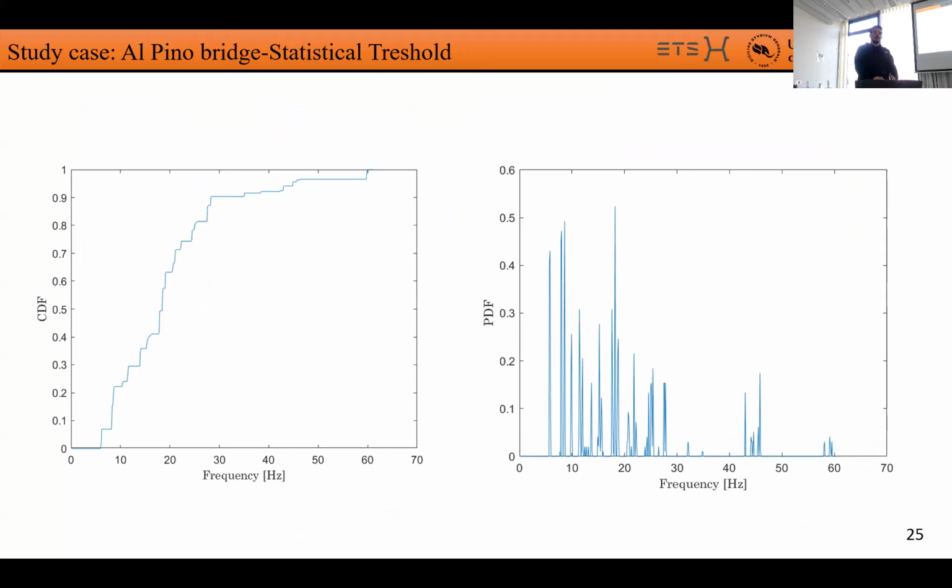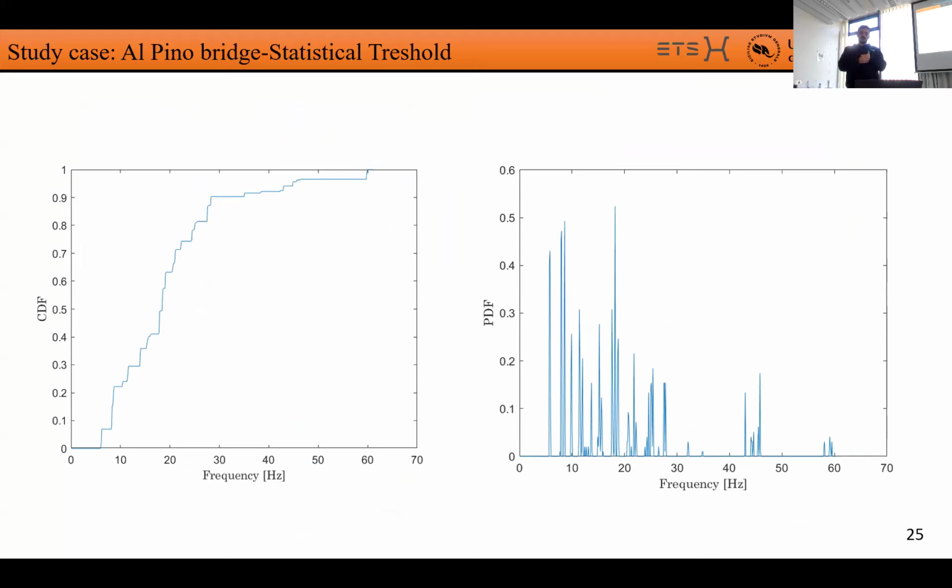So I collect the frequencies from every record, from every Monte Carlo analysis, and analyze them first with a CDF, and then I derive the CDF in order to obtain the PDF.